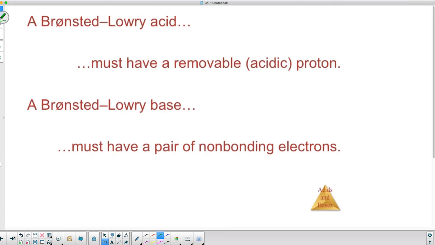Okay, moving on. Must have a removable acidic proton. That's a must for a Bronsted-Lowry acid. A Bronsted-Lowry base must be able to accept a proton. And how does it accept a proton? With a pair of non-bonding electrons, which is how water does it.